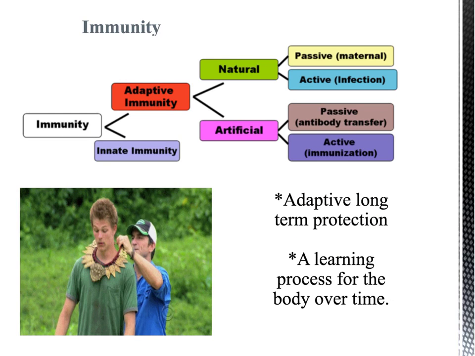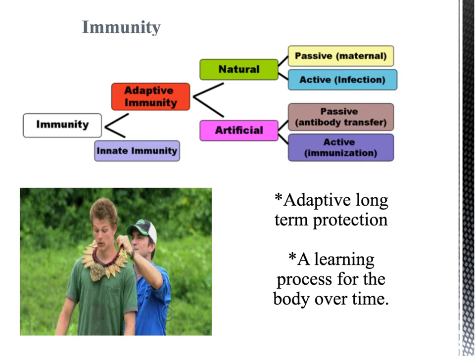This is a slide that is a visual on the acquired antibody-mediated immunity. Adaptive immunity is immunity that a person's body learns to make. It's an adaptive response to invasions by organisms. It's an acquired immunity. It's active or passive, and it's acquired naturally or artificially.